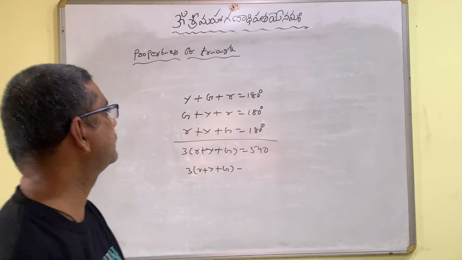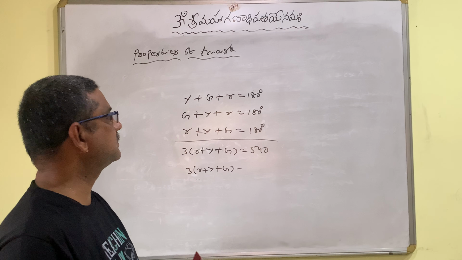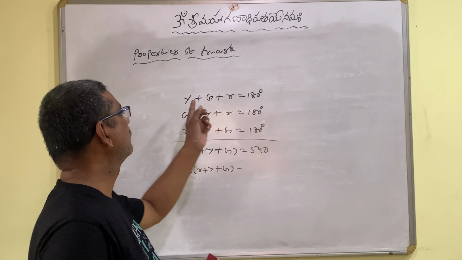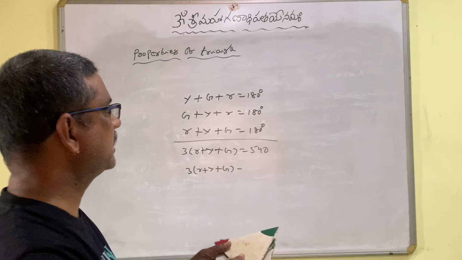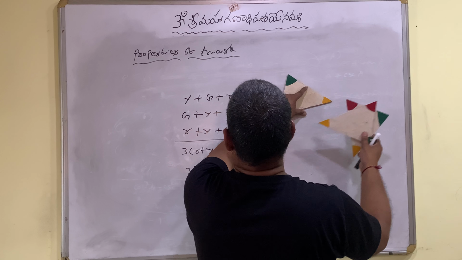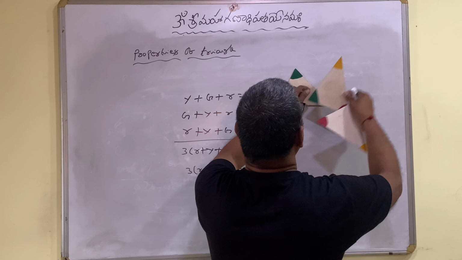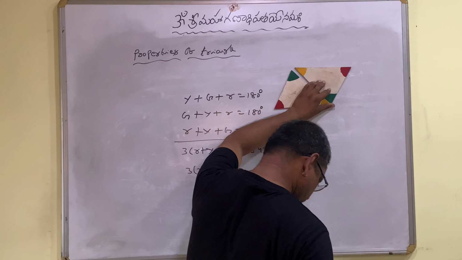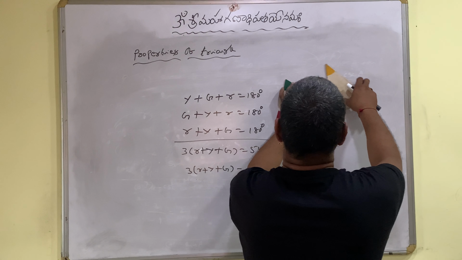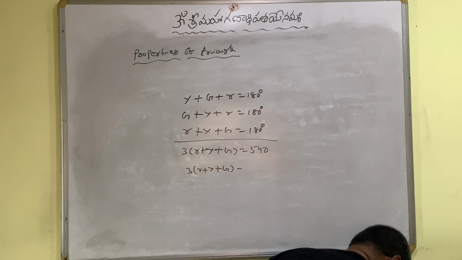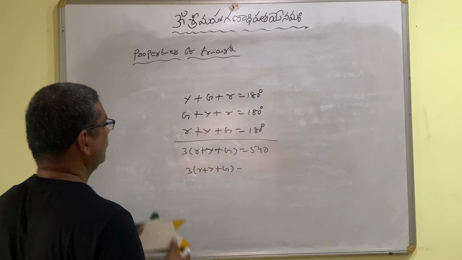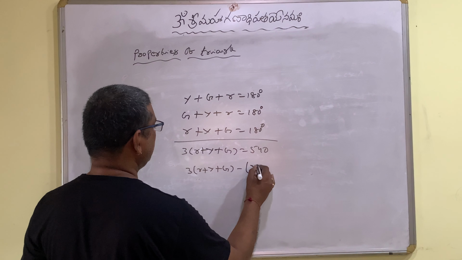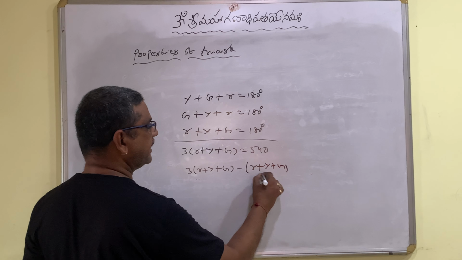See, this is what we call the exterior angle. Once again I will explain: yellow plus green plus red, minus red plus yellow plus green, which is the sum of interior angles.